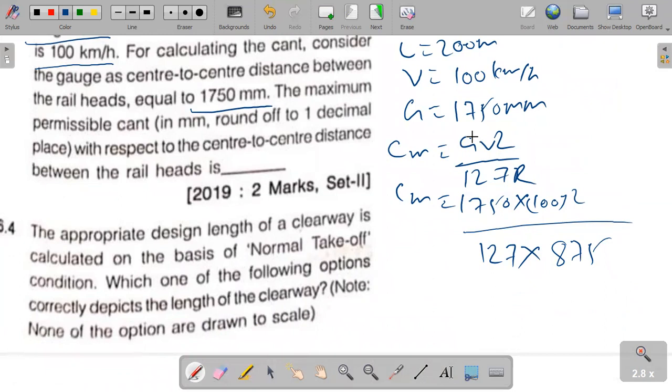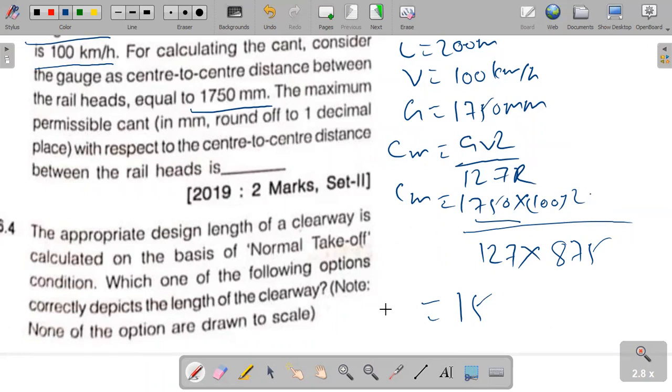So 1750 into 100 into 100, divided by 127, then divided by 875, we'll get an answer of around one. Here we need to do something: this is in mm and this is in kilometer per hour.